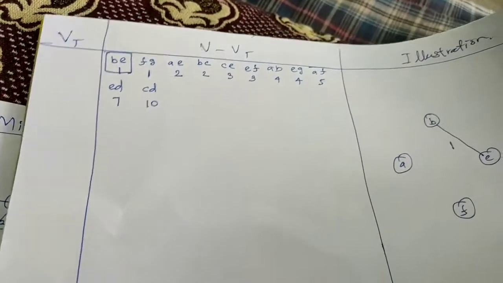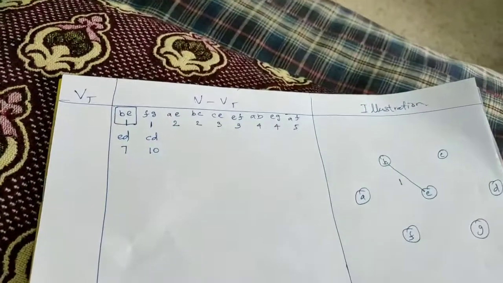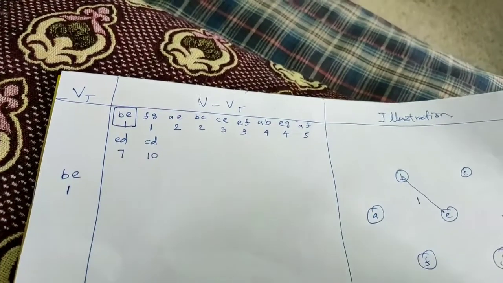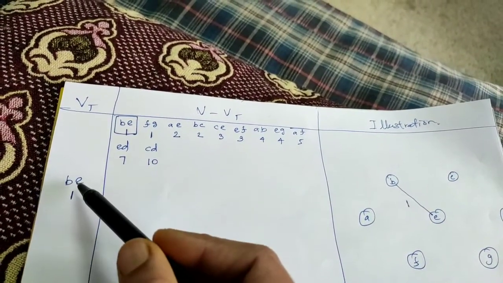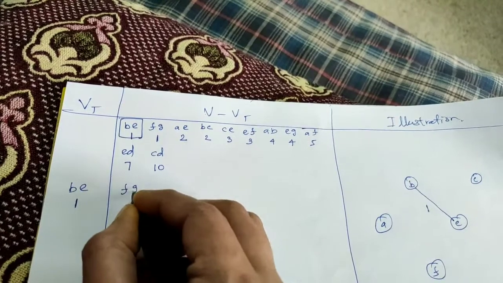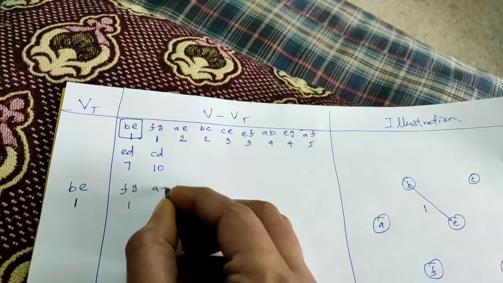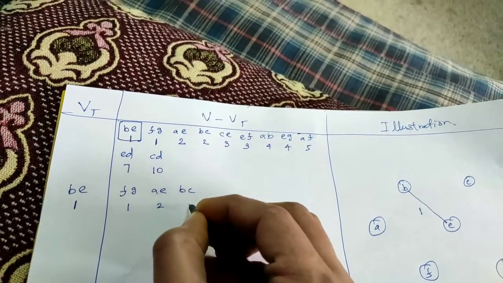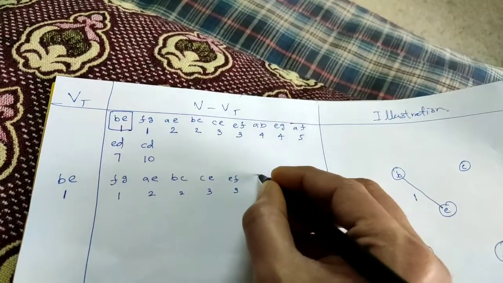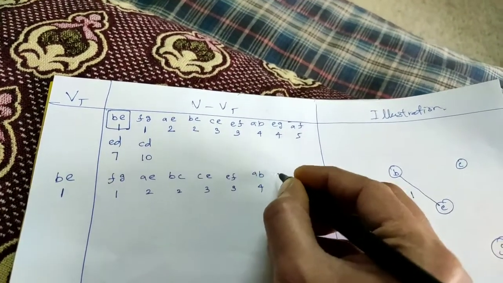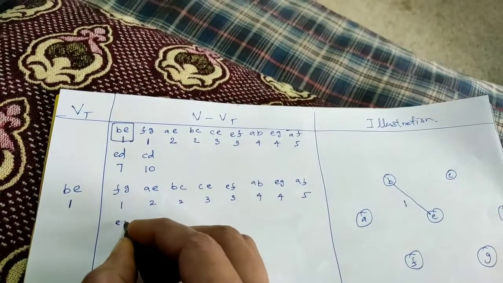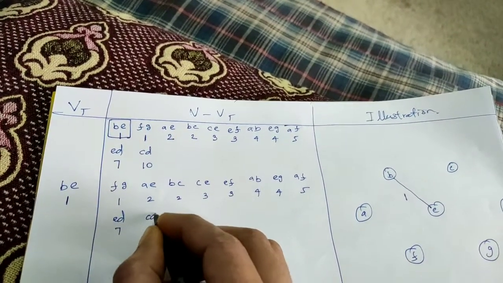So whenever I include an edge in the spanning tree, I need to bring that particular edge to the tree vertex column, which is the edge I have included, BE, that has been considered as a tree vertex now. Now write down the remaining edges, that is FG with 1, AE with 2, BC with 2, CE with 3, EF with 3, AB with 4, EG with 4, AF with 5, and then ED with 7, CD with 10.